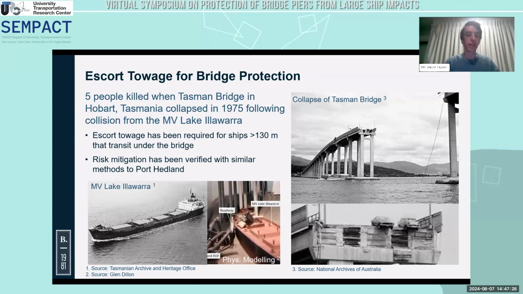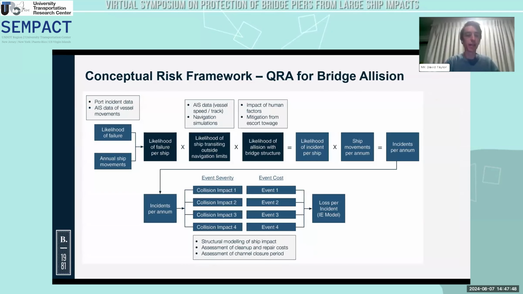So the bridge was repaired and replaced, and we've used the same risk assessment framework to verify the effectiveness of towage, and also understand the likelihood of a collision at the Tasman Bridge in Tasmania. And then finally, I'll include this with the slides. This is an example of the conceptual risk framework based on the model that we developed at Port Hedland, but looking at it in the bridge collision context.